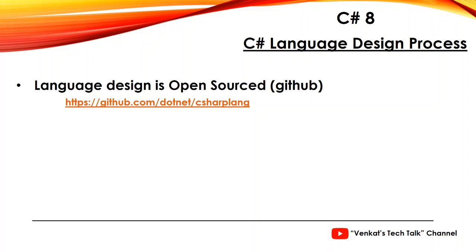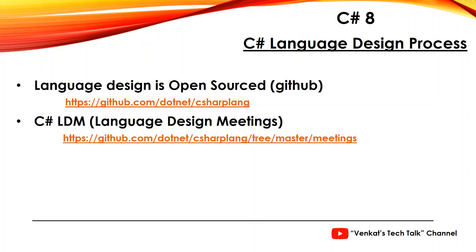There is an extension to it, LDM, which is the key component of this whole process, short for language design meetings, where they frequently discuss what features they want to make, the timeline, when they want to achieve it, what the branch is, and whether they accept a specific feature to try as a prototype. All these kinds of design discussions happen here.